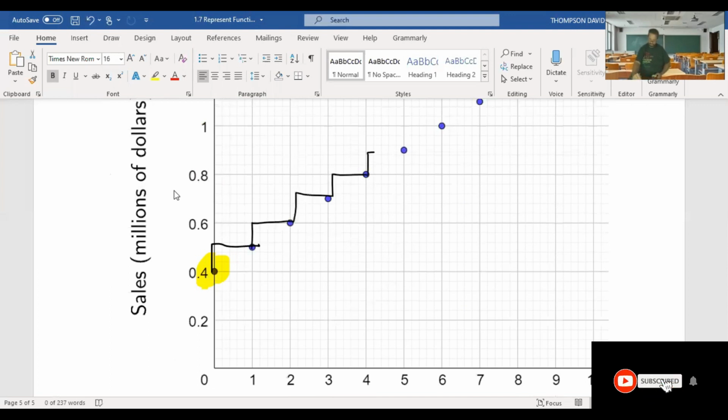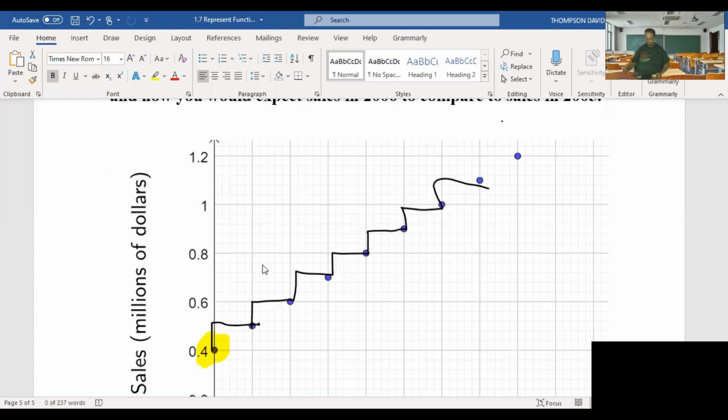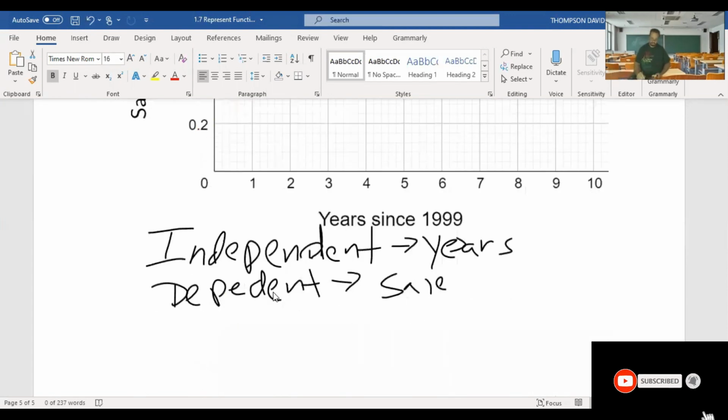Every year we go up 0.1 million. And we have one more to go up, 0.1. So our equation is just y equals 0.1x plus 0.4.